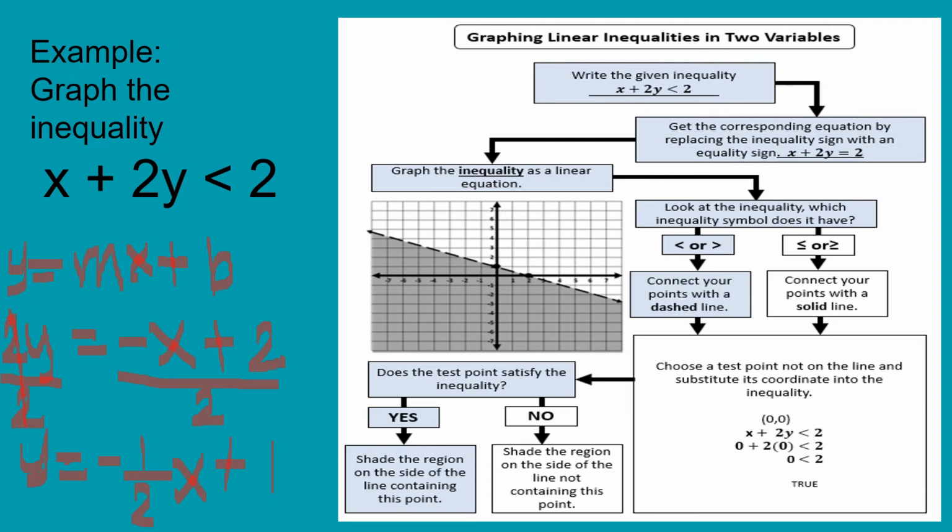So our y-intercept here is equal to positive 1, and our slope is negative 1 half, or yung ating rise over run is negative 1 over 2. Okay, so now we can plot the points here in our Cartesian plane.